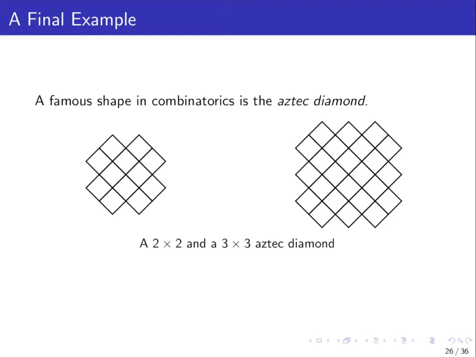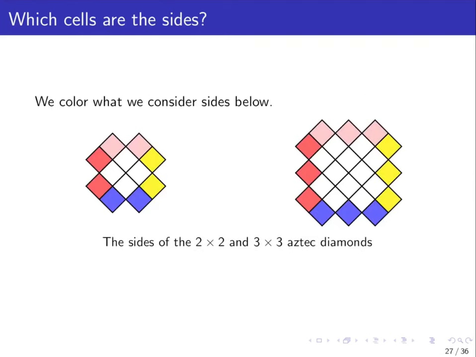Just like with anything else, we need to define what's considered a side. And so what I'll do here is provide these nice colorful little diagrams where each distinct color is its own side. This is pretty analogous to what we saw with polyominoes. It's kind of like a rotated rectangle in the square grid. So red is a side, blue is a side, yellow is a side, pink is a side.